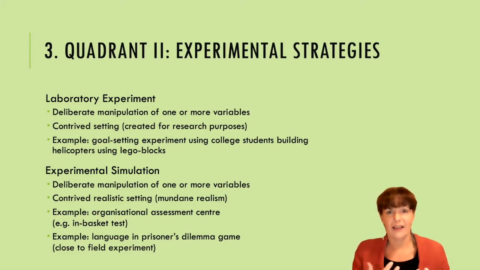So this setting is purely created for research purposes. Students don't go about building helicopters in their daily life. Well, one or two of them might, but in general, that's not what students do in their spare time. So the realism, the context is not very high. It's a very contrived setting.